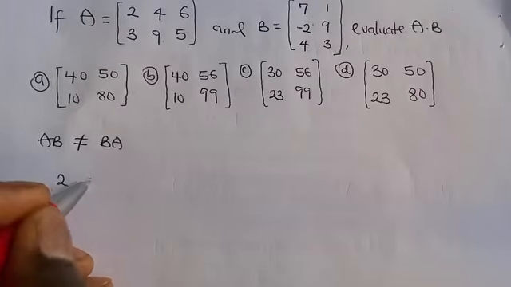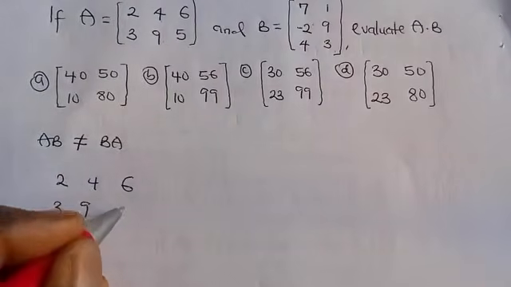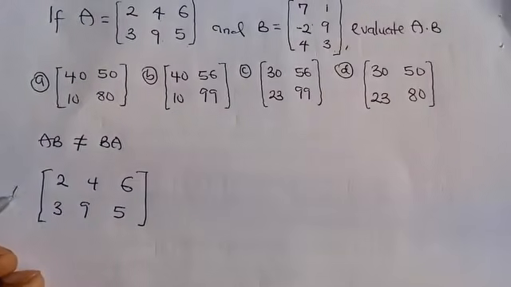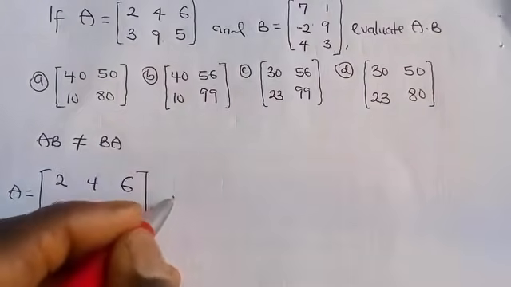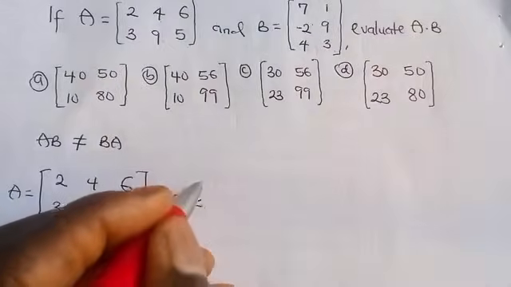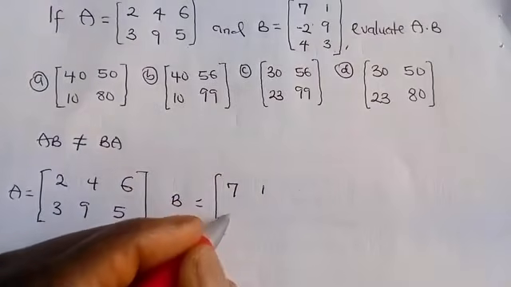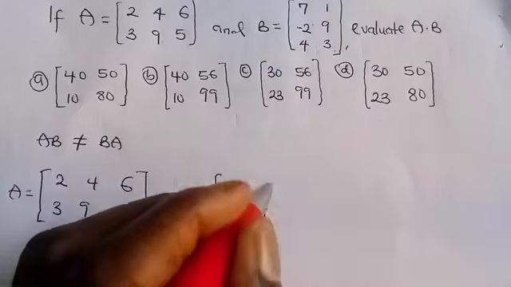We have 2, 4, 6, 3, 9, 5. That is matrix A. And then matrix B, we have 7, 1, minus 2, 9, 4, and 3.